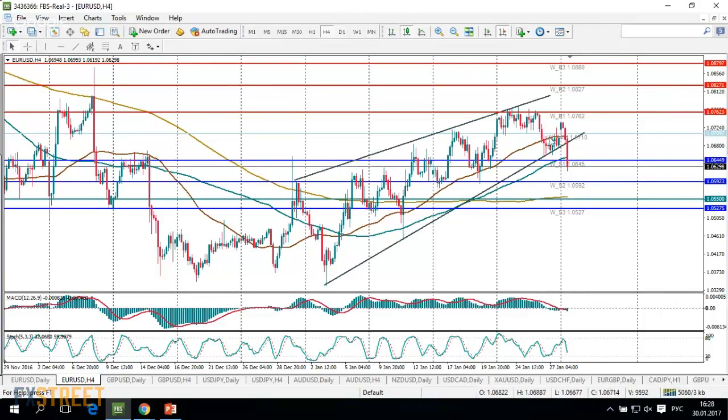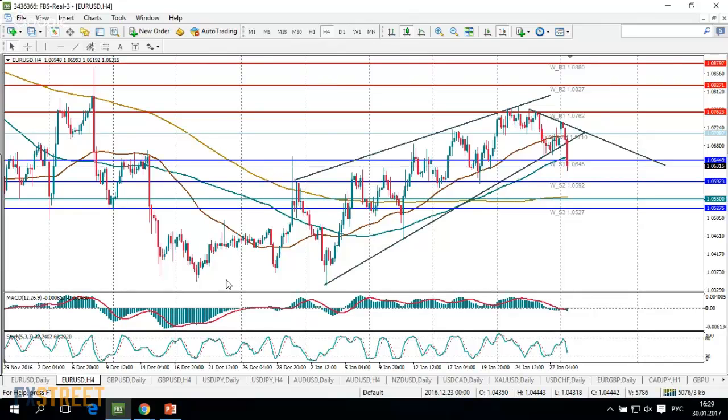Last week's highs in the area of 107.60 will also act as resistance here. But I don't think that the pair will go as far as 107.60. There will be more pressure in the area of 107.10 for the pair to try to overcome. So the technical picture is more or less clear for the single currency.